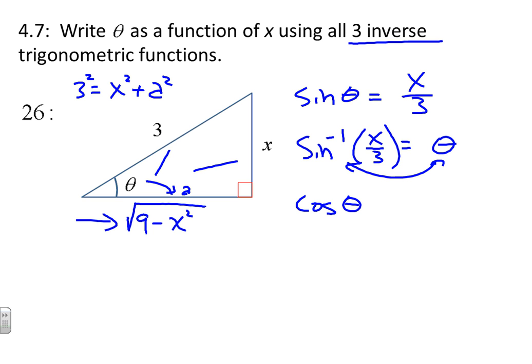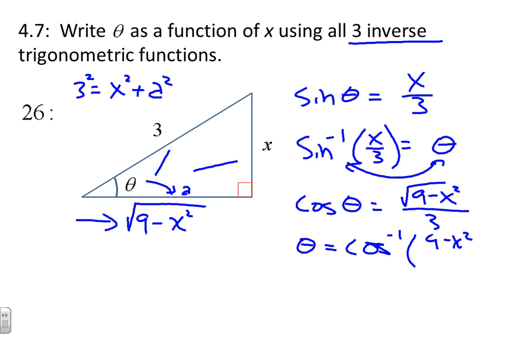So cosine of theta is adjacent, root of 9 minus x squared, on hypotenuse 3, making theta cosine inverse of the root of 9 minus x squared on 3. How about tangent?